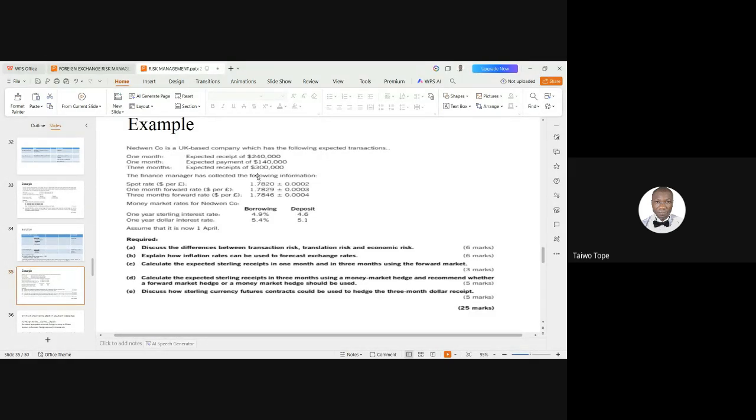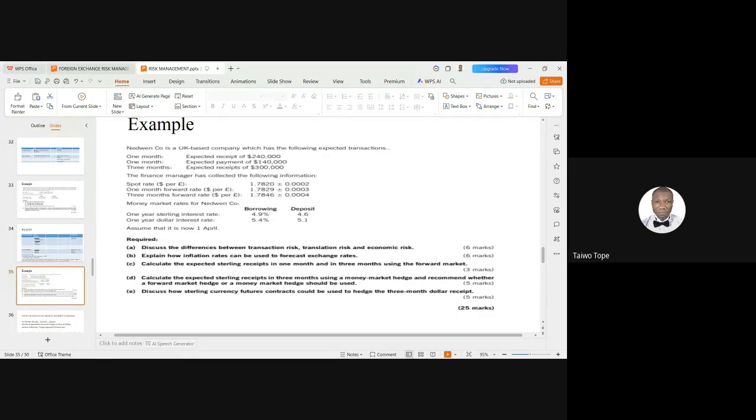The spot rate based on the lower value will be 1.7820 minus 0.002. So this 0.002 is just the spread, the difference.